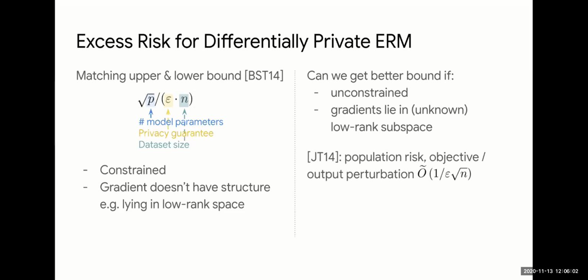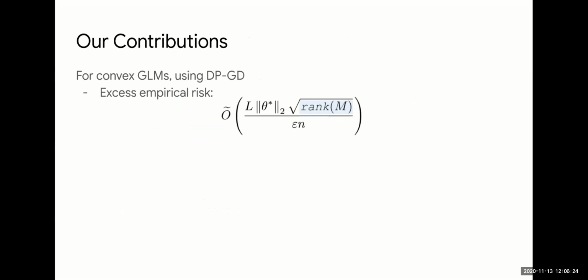One prior work looked at this problem and got a bound of the order 1 over epsilon square root n using objective perturbation and output perturbation. But first, the square root n term in contrast to the n term on the left is a little bit unsatisfactory. And second, the bound works only for a convex problem. And we also wonder what will happen for a non-convex case.